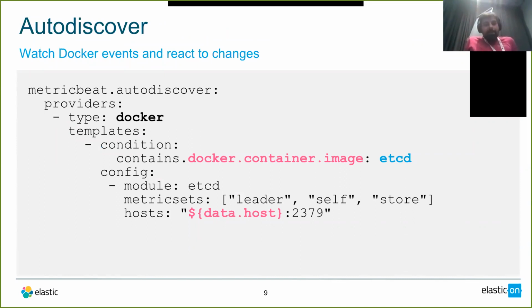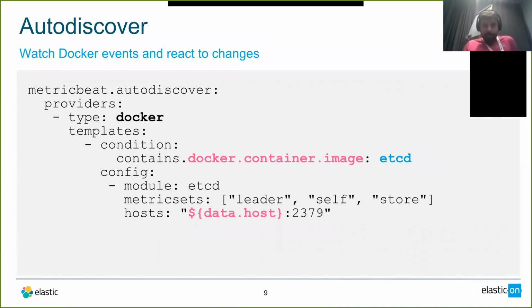So, this is Autodiscover. What's it all about? The idea is that, as I said, when you are using containers, you cannot predict what's going to be running in a single host. So you need a tool to detect what's going on and react to that. Autodiscover is that tool. What we do is define an Autodiscover provider that is watching for events on the platform it's meant for.